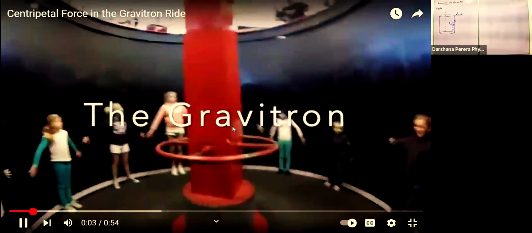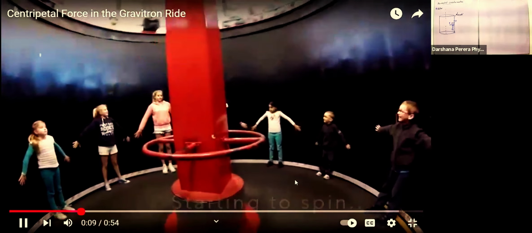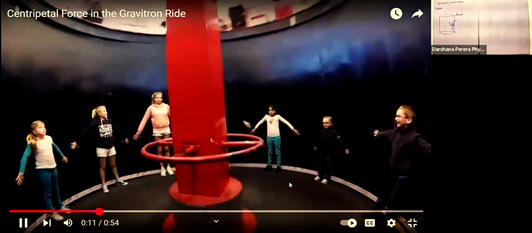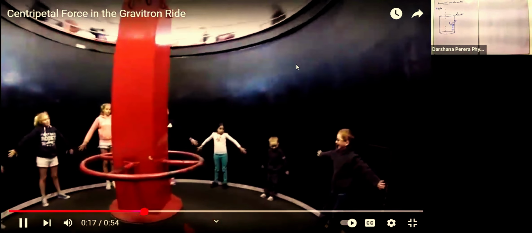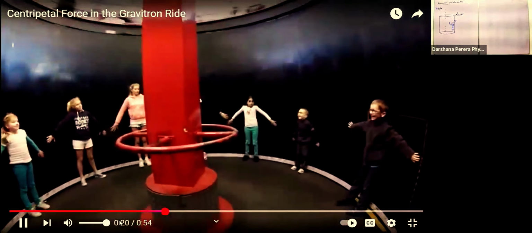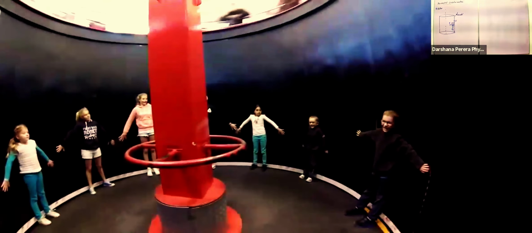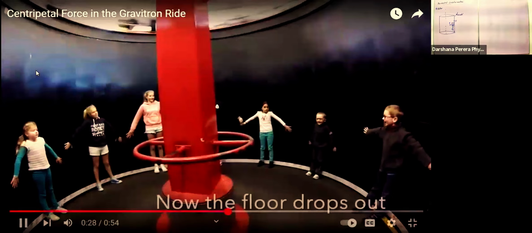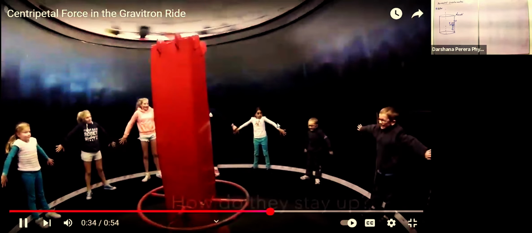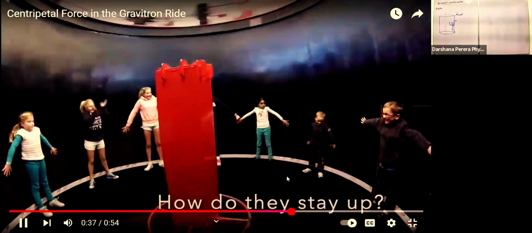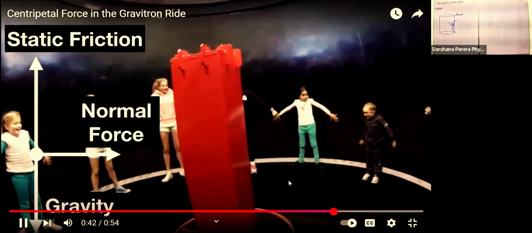When the cylinder is rotating, starting to spin, the objects get pushed against the wall, the floor drops off, and they can stay.